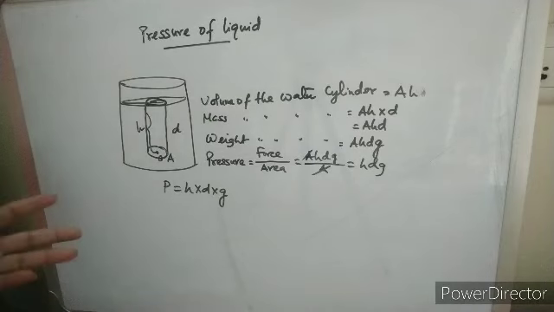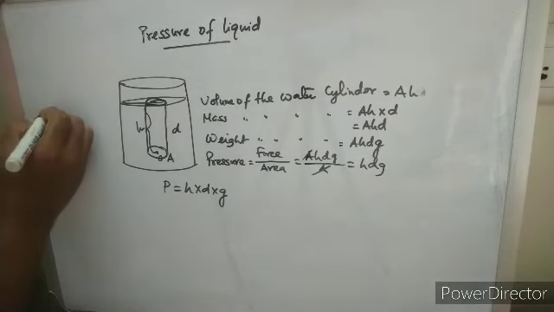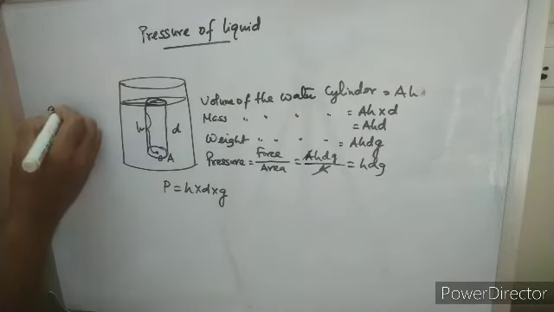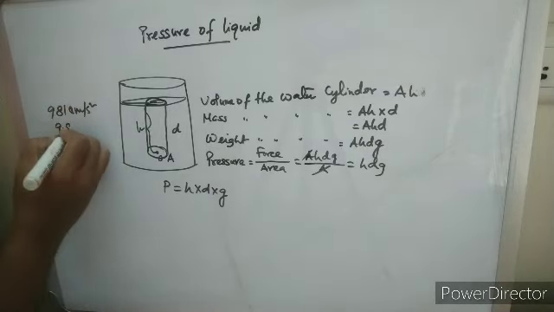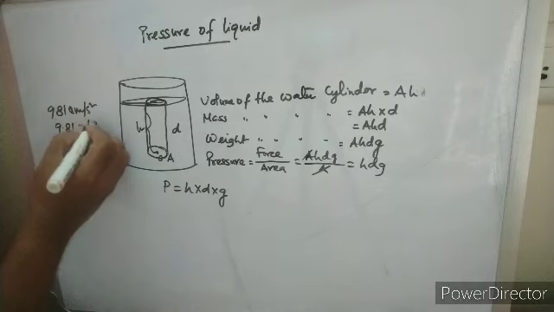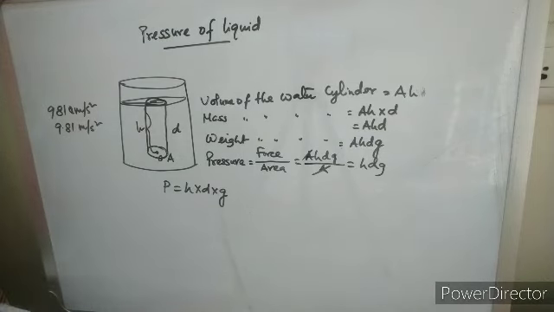And G is the gravitational acceleration, we know the value, that is 981 centimeter per second square or 9.81 meter per second square. Okay, so in whichever system you are measuring the pressure of that liquid, you have to maintain that system.